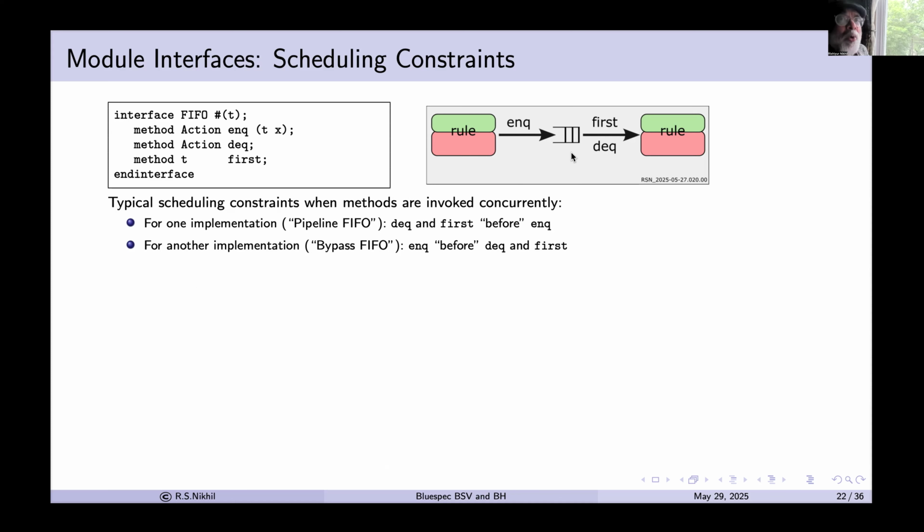Well, you couldn't enqueue on it because it's full, but you can do first and dequeue. If you do a first and dequeue on it, then you opened up some space, and then the enqueue can happen. So I can give you a FIFO which has those semantics in the rule-based view of the world, that dequeue happens before enqueue, such that in a single clock, I'm able to advance things through the FIFO.